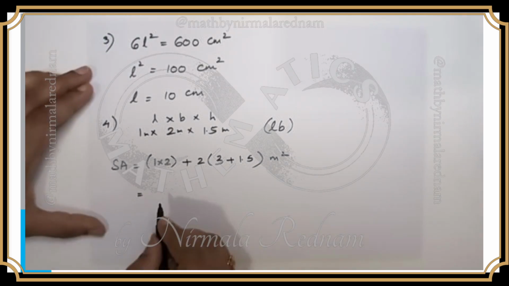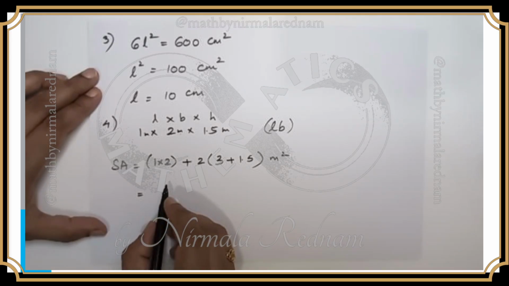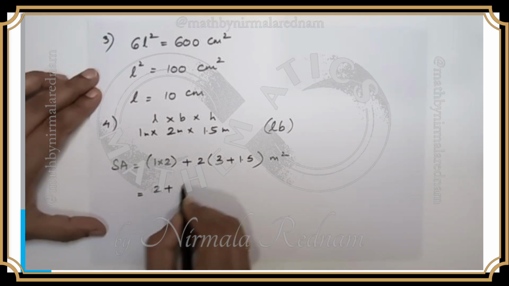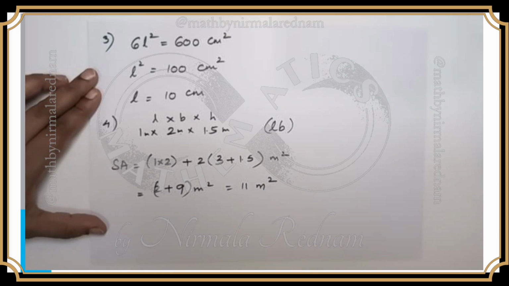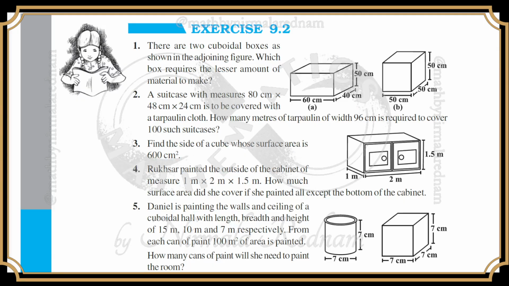So here I have 2 plus, this is 4.5 into 2 is 9, right? Which is nothing but 11 meters square. Now, this is the surface area and this is the required answer.